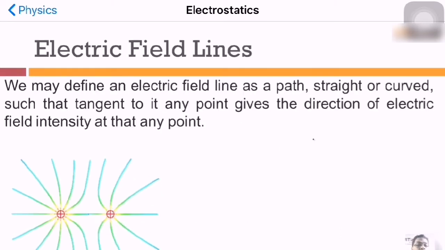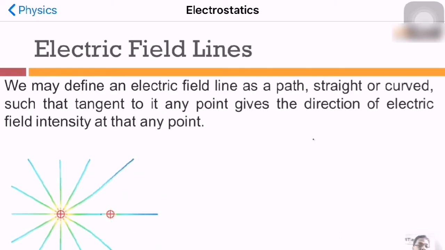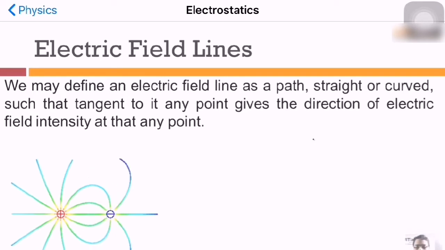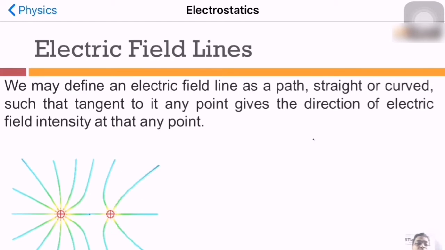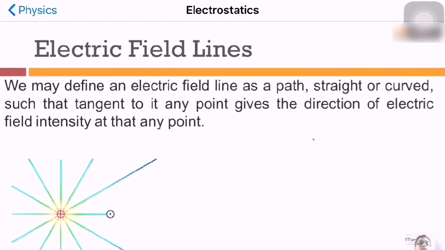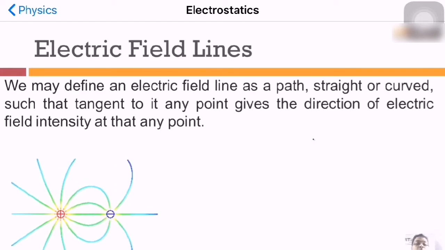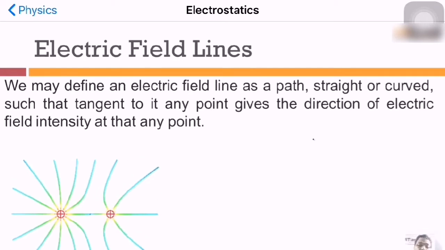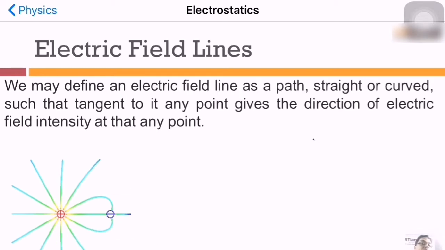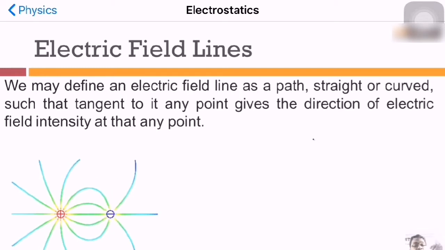Now what exactly are the electric field lines? Because you just have one single charge, by convention we say that from a positive charge the field lines are going to go out, and into the negative charge the field lines are going to go in. So here, as you can see in the diagram, you have a negative charge, the field lines are going inside.